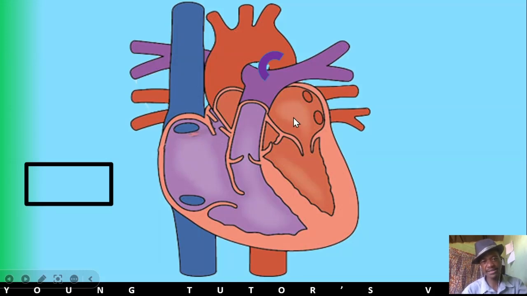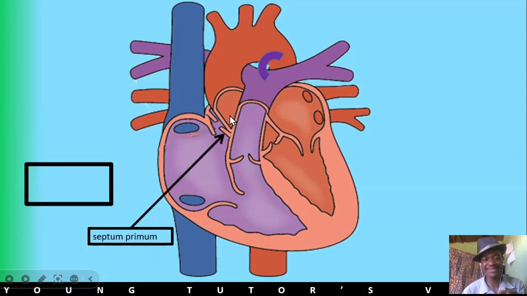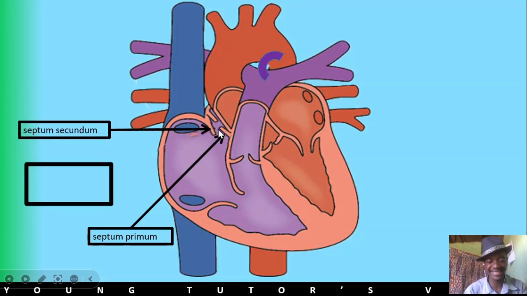We're going to have more blood in the left atrium that is pushed through this bicuspid valve into the left ventricle, and then this blood in the left ventricle is pumped through this aortic valve into the ascending aorta. So the increased pressure in the ascending aorta will be pushing what we call the septum primum of the foramen ovale towards the septum secundum of the foramen ovale. So these two are going to come together here.